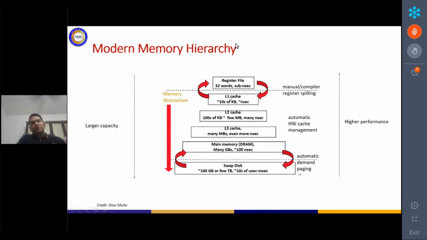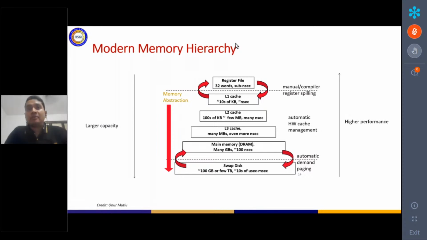This is important because the computation unit now has the illusion of a large volume of memory, okay, so larger space with very short access time. That is what this hierarchy is giving you. So this is why this hierarchy is important.